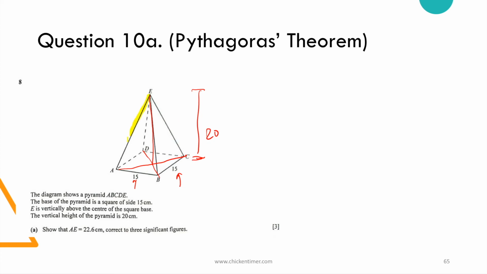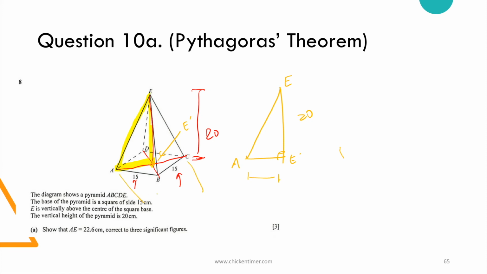In this case, we have to find a triangle that will fit. So I highlighted that, and it gives me a right angle in the center. So I'll take out that triangle. You see, this is AE and E prime under here. Then the height of the pyramid is 20. Then we would have to find AE.